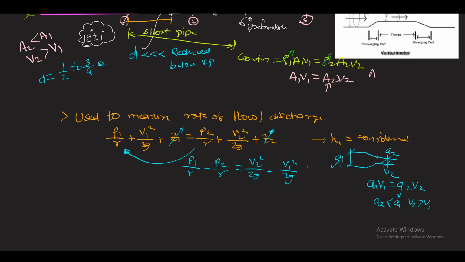So here it is a minus term: V2 square upon twice G minus V1 square by twice G. So V2 is greater than V1, and these terms must be positive in order to satisfy the continuity equation. So I can say that P1 must be greater than P2, correct? P1 must be greater than P2.